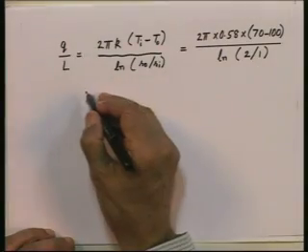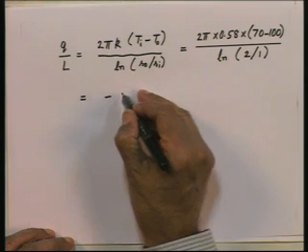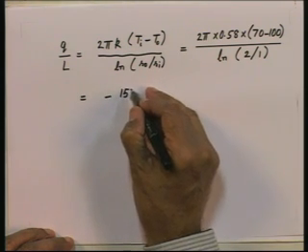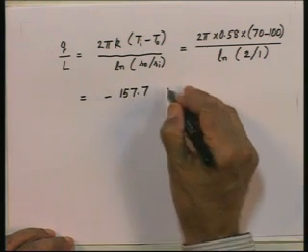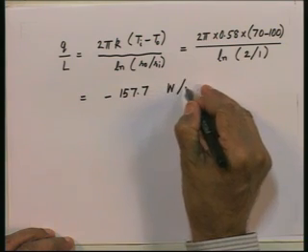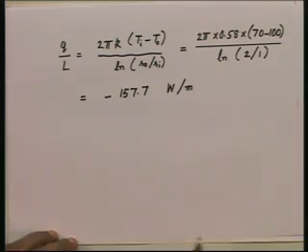I do not have to put it in meters because I am dividing one by the other and it becomes dimensionless automatically. If you put in the numbers and calculate, you will get minus 157.7 watts per meter for a meter length of the tube.